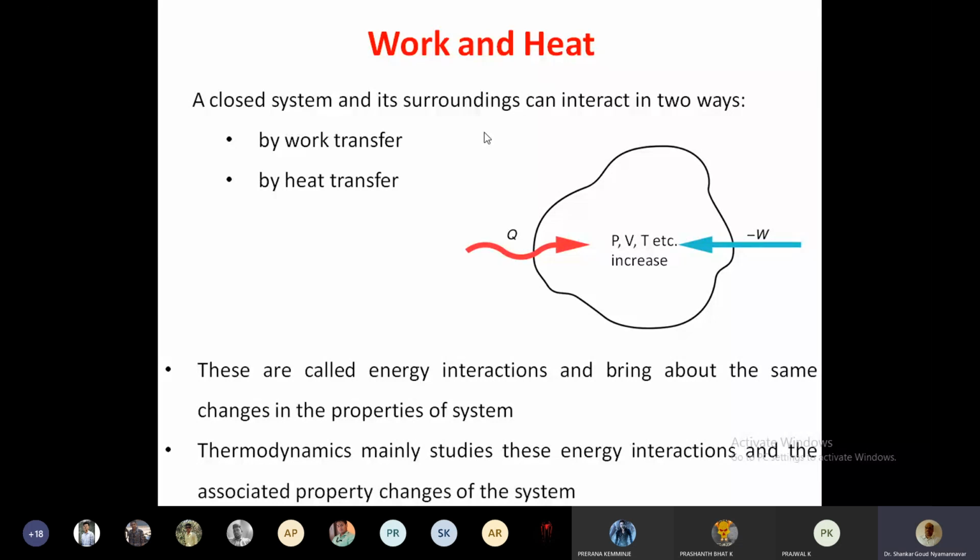Yes or no? No response. Am I audible to you? Yes, sir. Okay. When I say thermal power plant, do you understand what a thermal power plant is? Yes, sir. Have you heard the word thermal power plant or not?